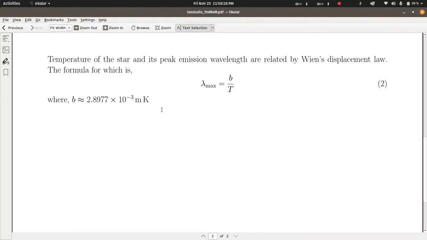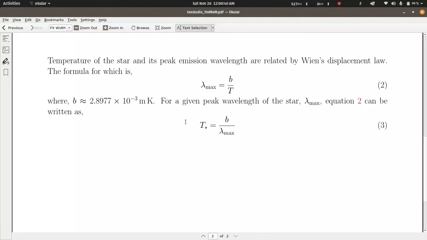This is the value for the Wien's displacement constant, 2.8977 times 10 to the power minus 3 meter Kelvin. Now this can be rearranged to get the temperature of the star. So if we arrange the equation for Wien's displacement law for the temperature of the star, we get this equation over here. So now we can get the temperature from here.